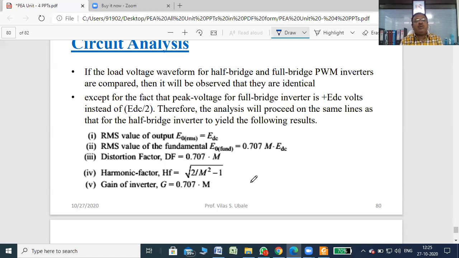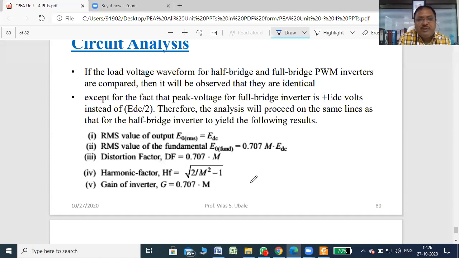And M depends upon the value of VM by VC. Modulation index equals VM by VC. So as your VM changes, M changes, and if M changes, then the RMS value of the fundamental component also changes. The distortion factor is given, and the gain of the inverter is also given.